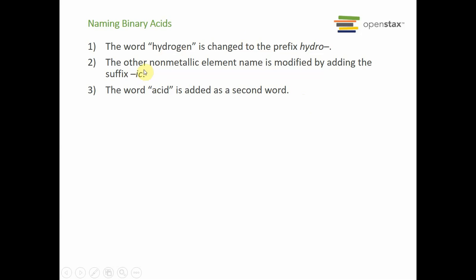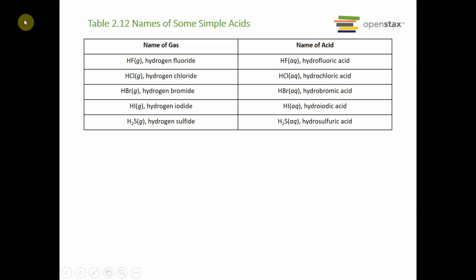I have to disagree with this a little bit. Only if the polyatomic ion is an ate is the suffix changed to "ic." If the polyatomic ion were an ite, the suffix is changed to ous, O-U-S. But let's see what they have to say here. The name of the gas is hydrogen fluoride, and it forms hydrofluoric acid.